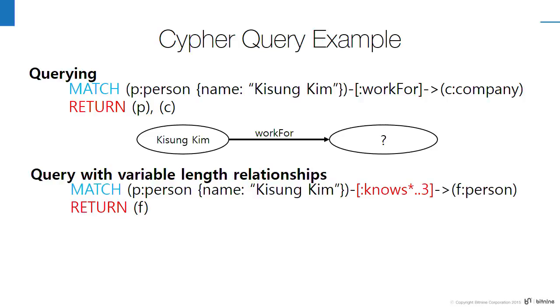If you query using SQL, you must use the recursive common table expression, and the query will be more complex. As you can see in this example, there is no need to define table schemas, and you don't need to use join operations when making the query. So queries become very concise and easy to understand.